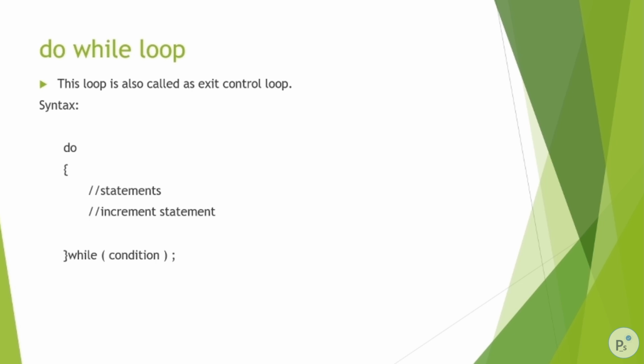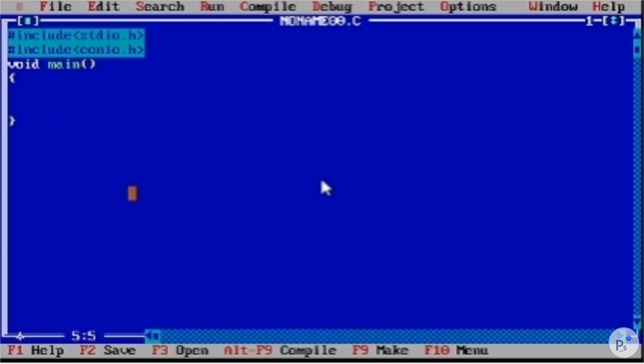So let's understand the do while loop in a programmatic way to get a better understanding of it. We will take the previous video's example, that is creating a table of a given number.